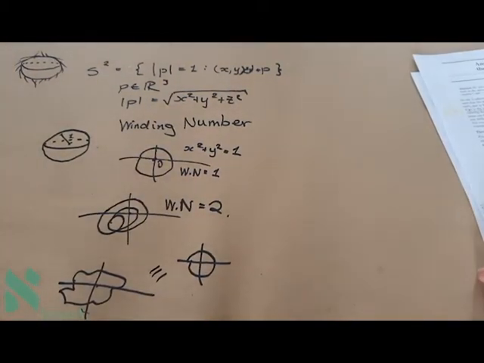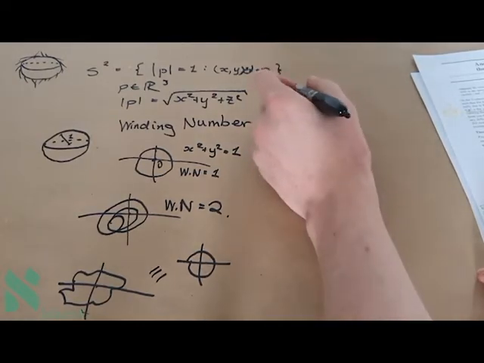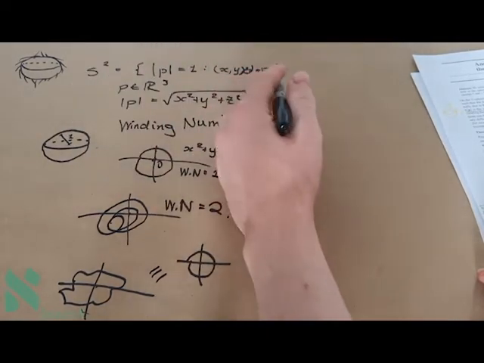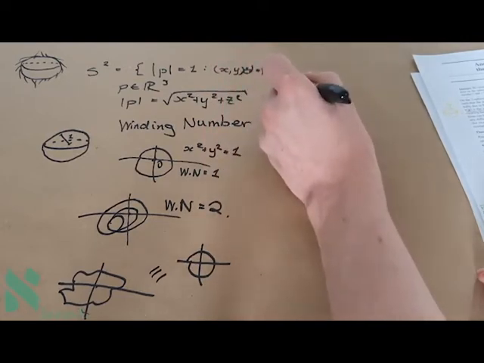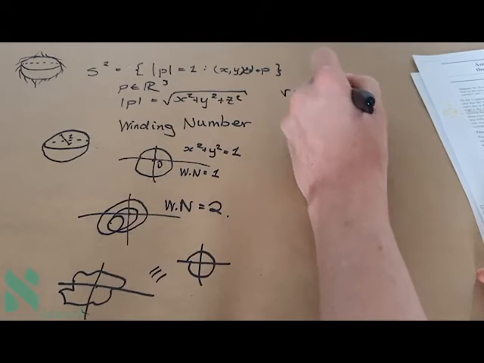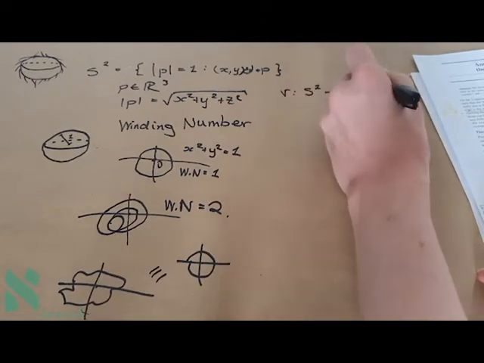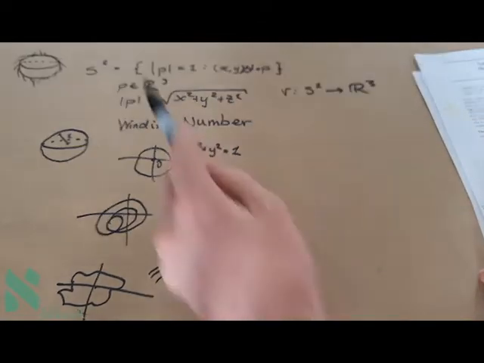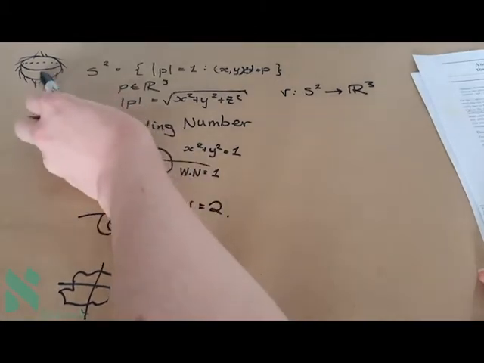To construct our non-vanishing vector field, let us consider the S2 again and a mapping. We'll call this mapping V, and V will go from S2 to R3. So it'll go from our sphere, that was a hairy ball.